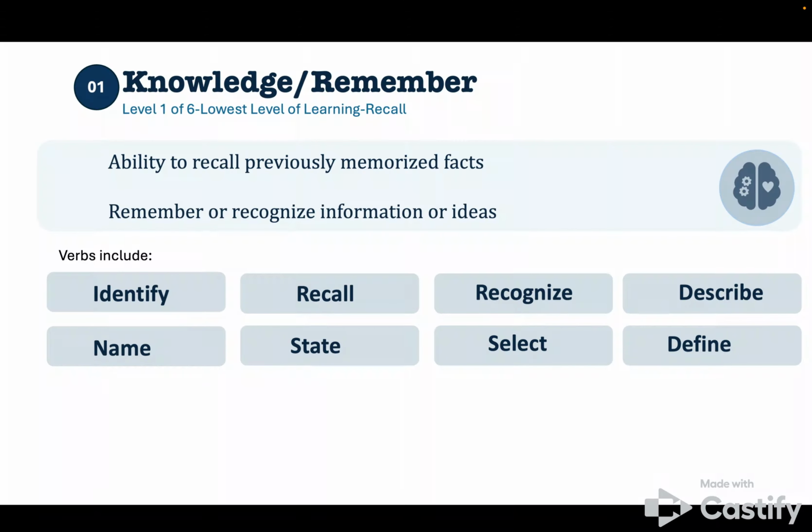The verbs for the knowledge level include identify, recall, recognize, describe, name, state, select, and define. And I just want you to note that these are not an exhaustive list of the verbs. There are many more verbs available for each level.